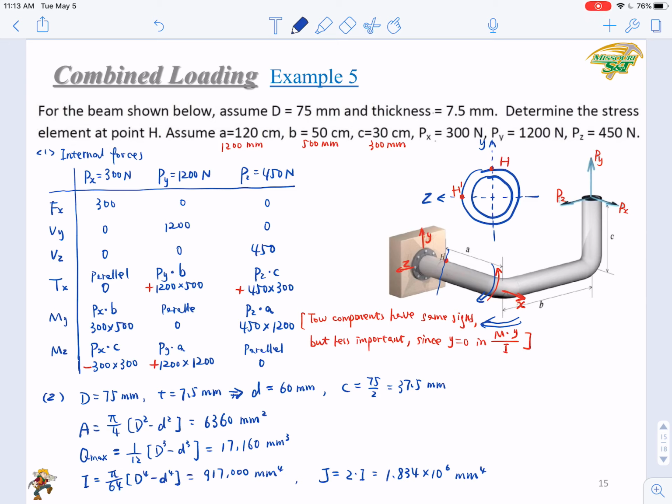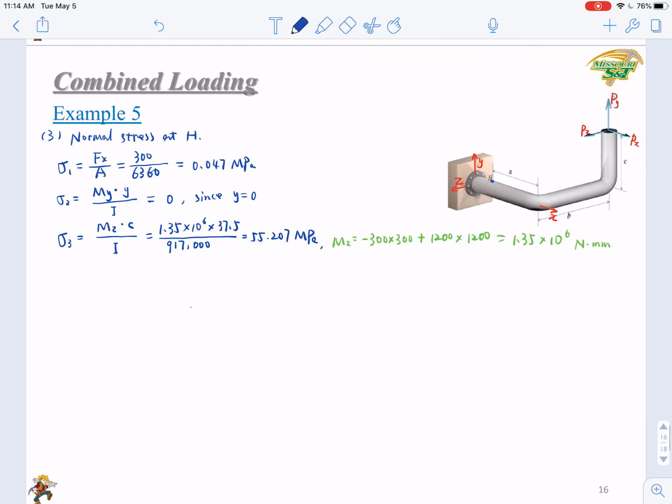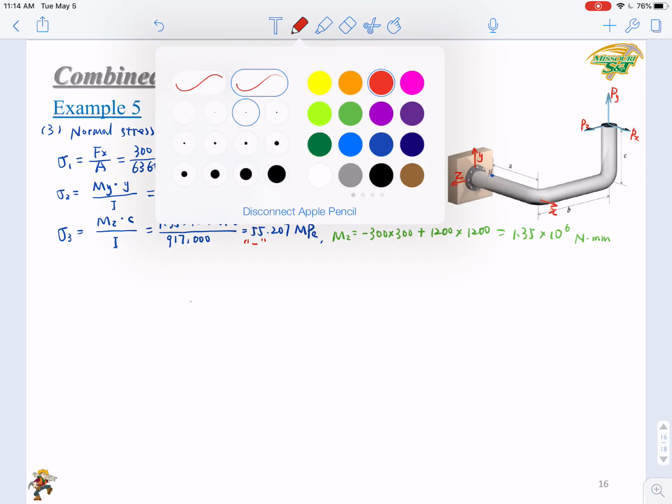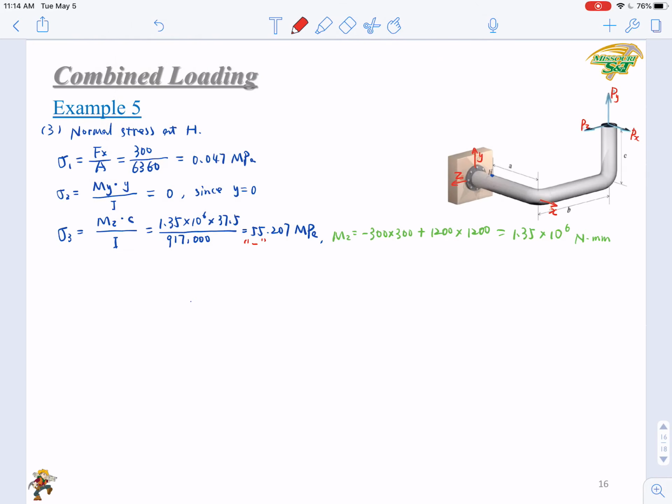So as a result, will this point H be in compression or tension? In compression, right? So here will be a negative value. So here this value is negative. So we can calculate normal stress at point H by just adding these three values together.